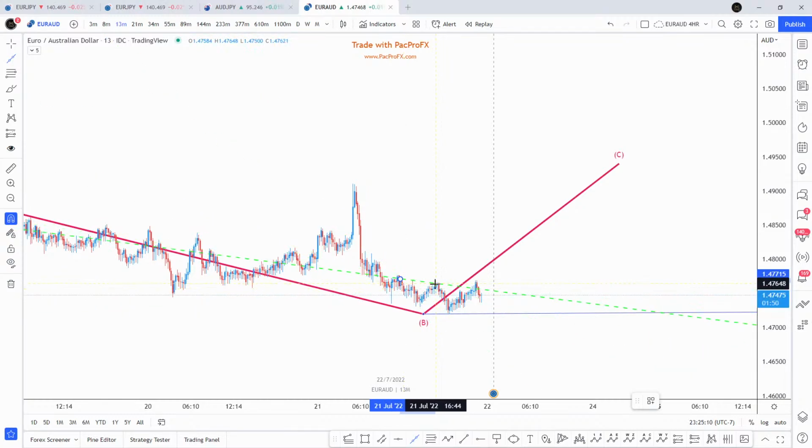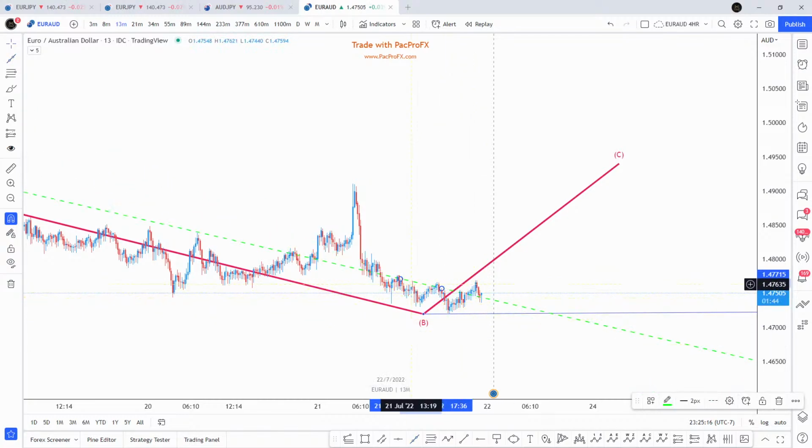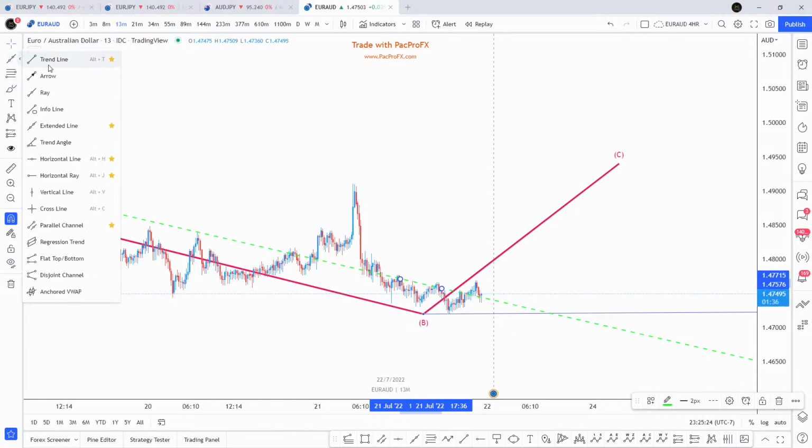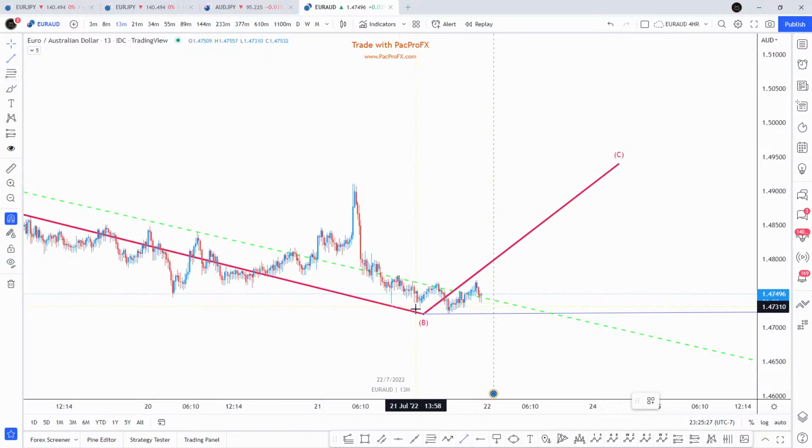All right, so this is the neckline here. You see how price came out of that neckline and it's bouncing off. So it's only got a little bit more to go, literally. Well, it may go further than that, so don't close it just yet.